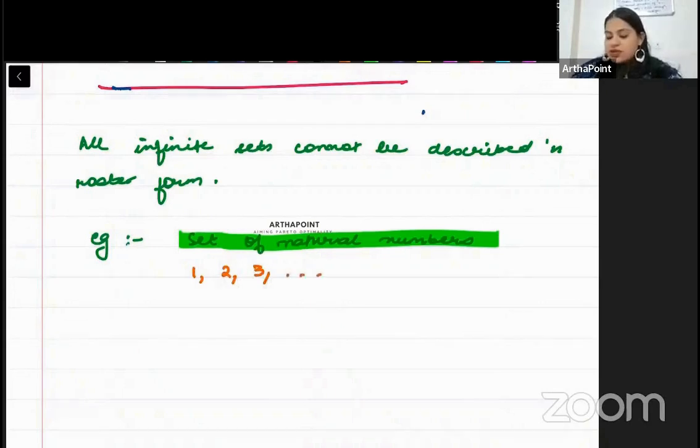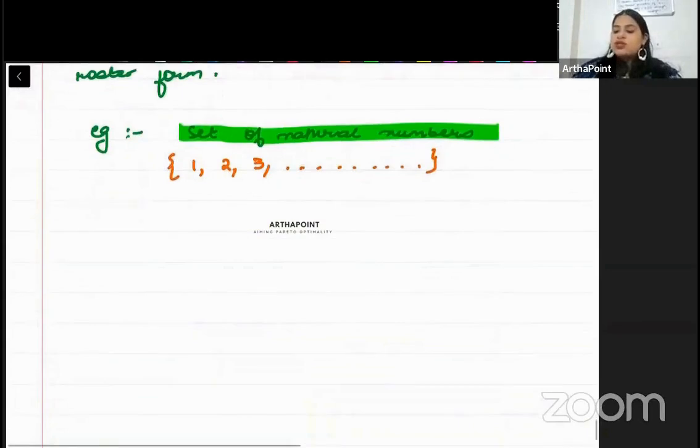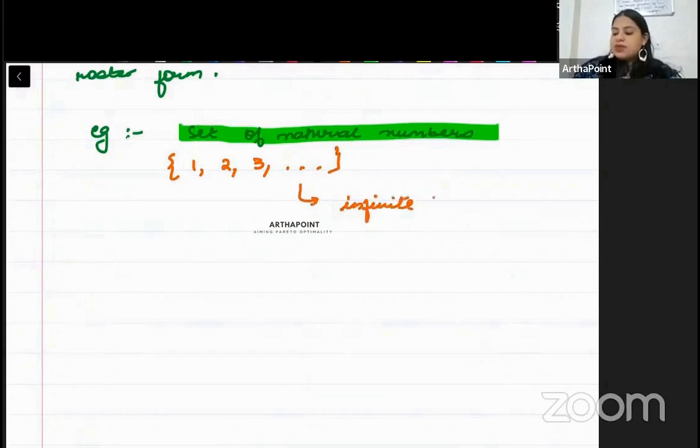So how do you represent it? You represent it with dots. These dots represent that it is an infinite set. By the way, actually, you follow it by exactly 3 dots. The right pattern is to follow it by exactly 3 dots. This means that it is an infinite set. Did you understand? Clear?